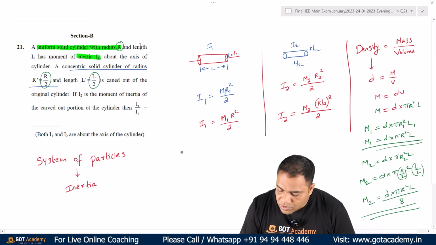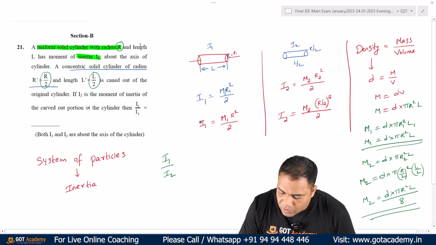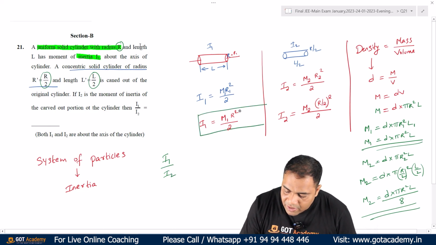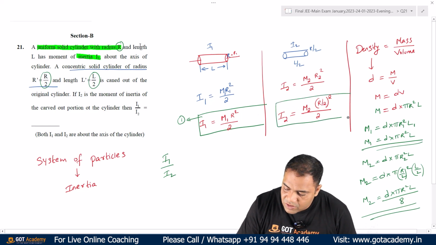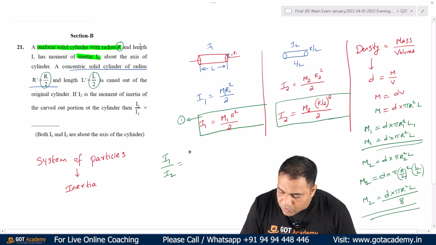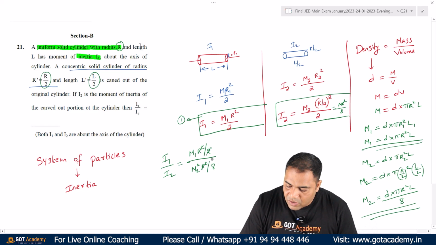So here let me substitute. I1 by I2 is equal to, so this is I1, you can say equation 1, whereas this is I2. It is m1 r square by 2 divided by m2 r square by 8. So r square cancel, 2 and 4 cancel.